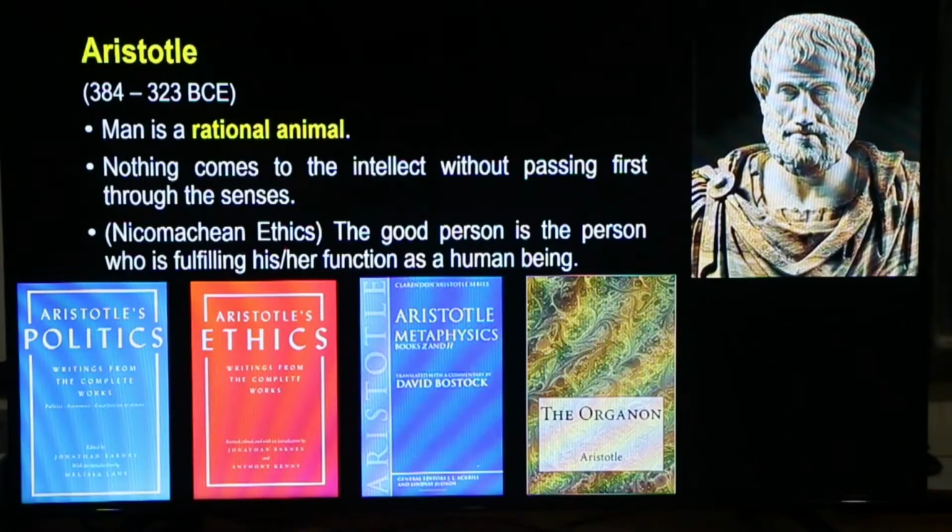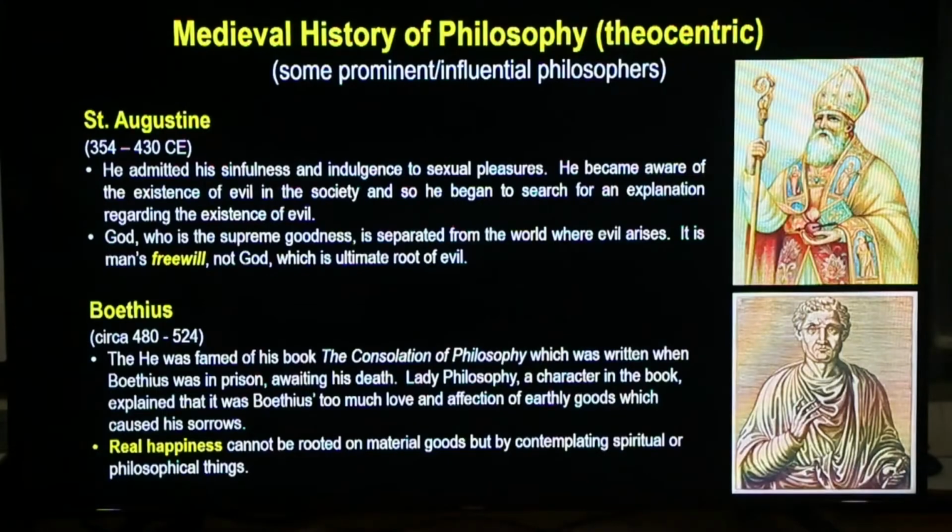And he wrote a lot of books on politics, on ethics, on metaphysics, on Organon, that's about logic, and then on poetry, on biology, on zoology, and many other things. That's why Aristotle is said to be a polymath, a person who knows a lot about many things.